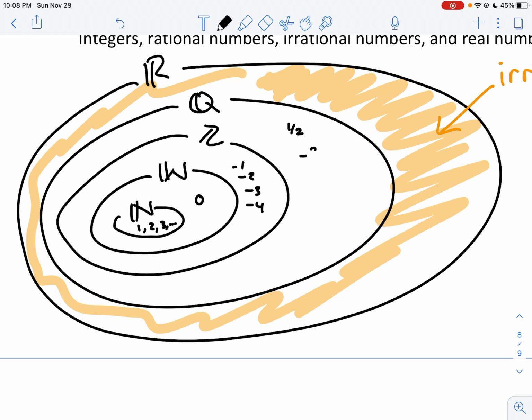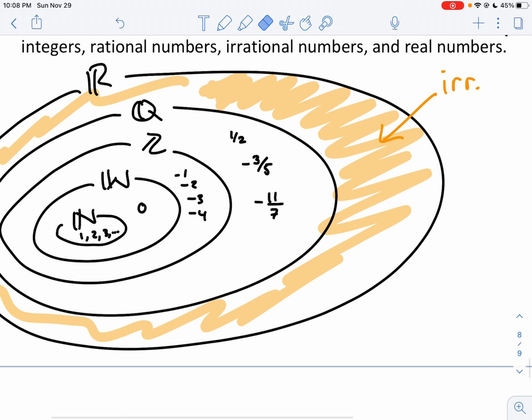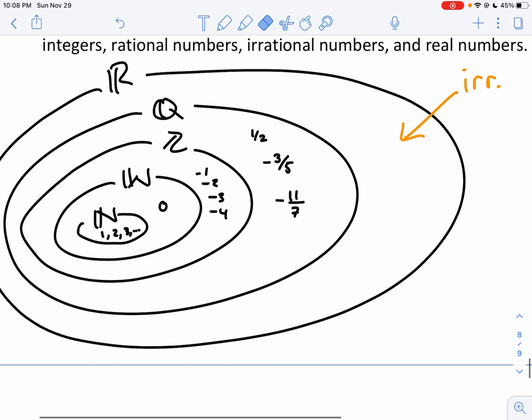But the things that would be outside Z but still inside Q would be all the fractions that don't simplify to integers. So I'm going to just do several examples of some fractions that don't simplify to integers, which would be in that ring.